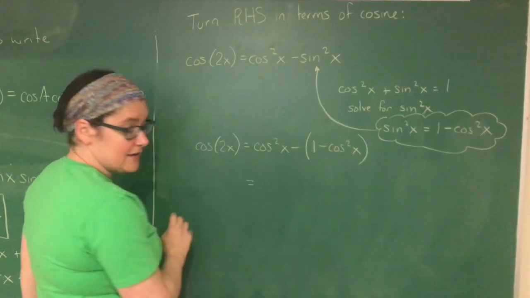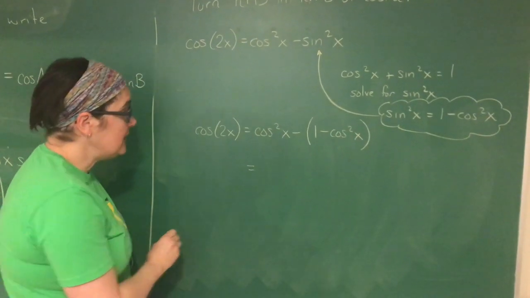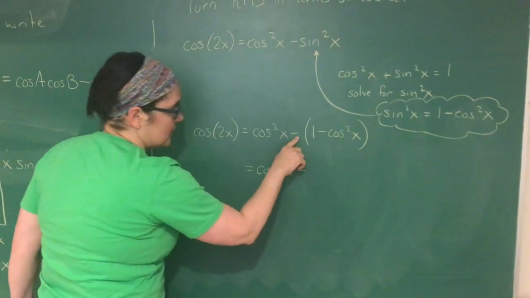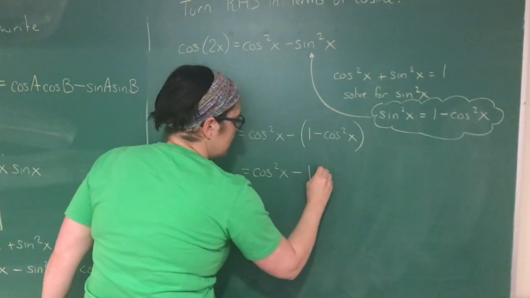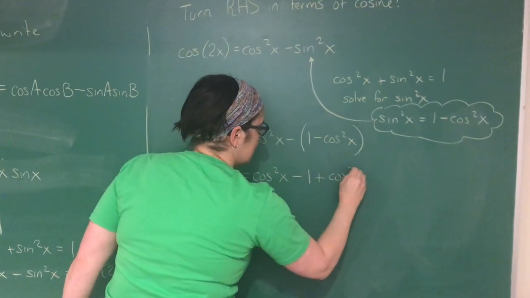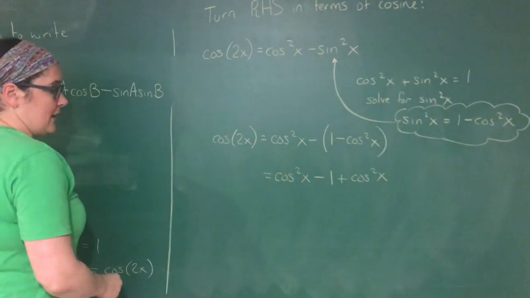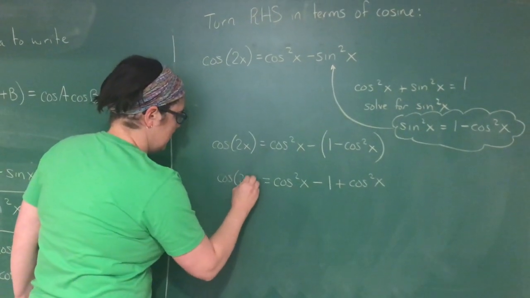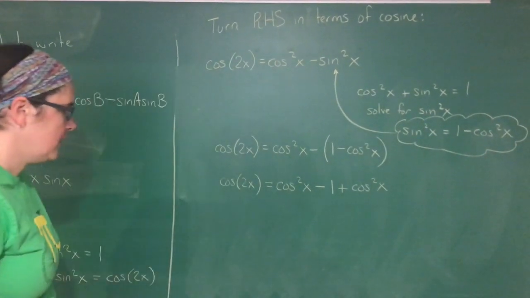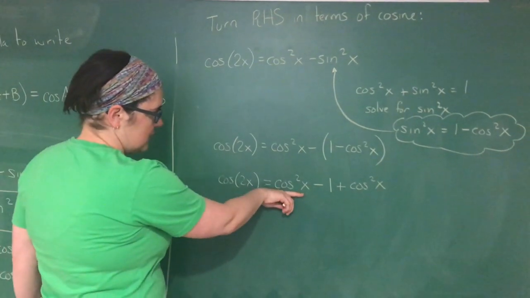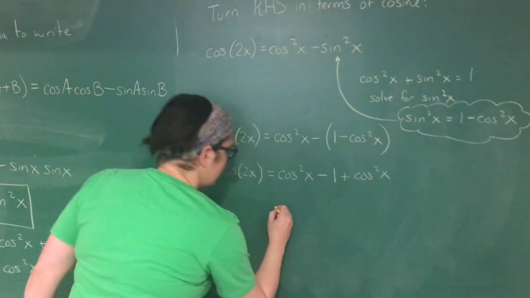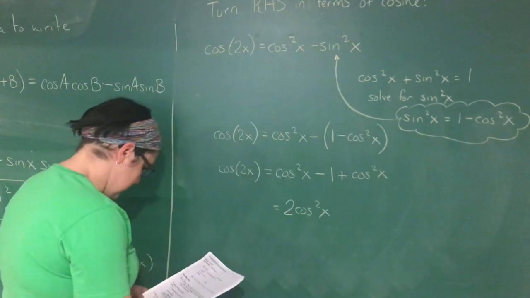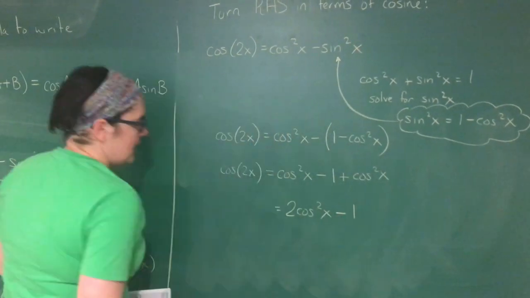Everything on the right side is entirely in terms of cosines. I'm going to clean things up. The way I can clean things up is distribute this negative, so I have minus 1 and then plus cosine squared x. And all of that is still equal to cosine of 2x. Now I have a cosine squared x and another one, so I have a total of 2 cosine squared x and then a minus 1.